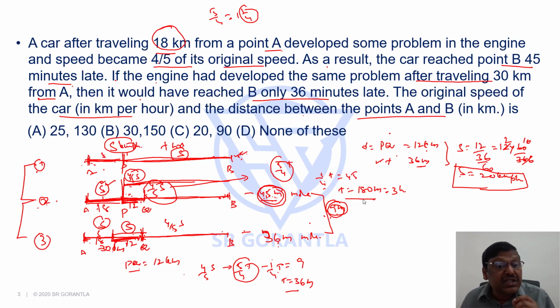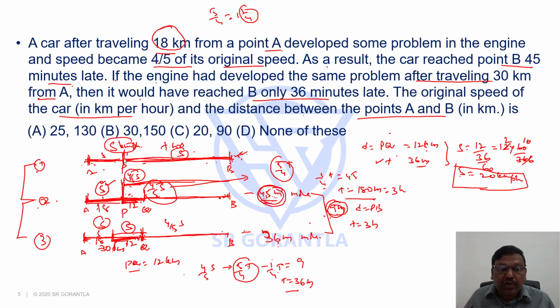But this 3 hours is for what? Not for the entire journey. It is for how it travels between P and B. To travel the distance between P and B, originally it would have taken 3 hours. But now that it's traveling at 4/5 of the speed, it's taking 45 minutes more, that is 3 hours 45 minutes, fine.